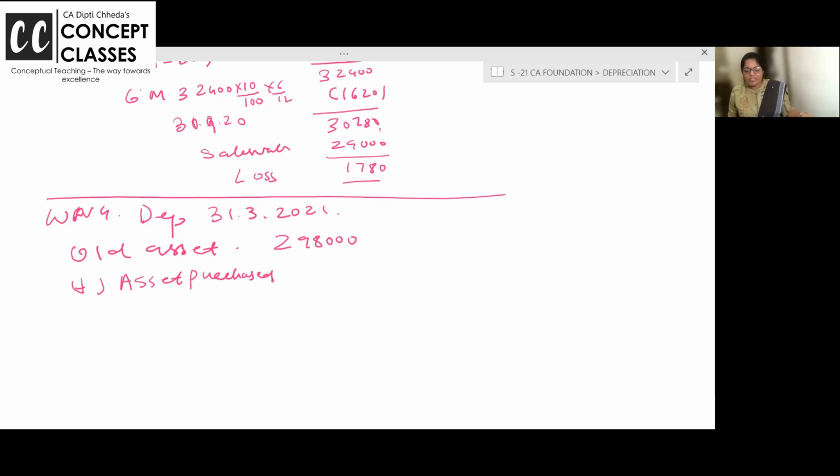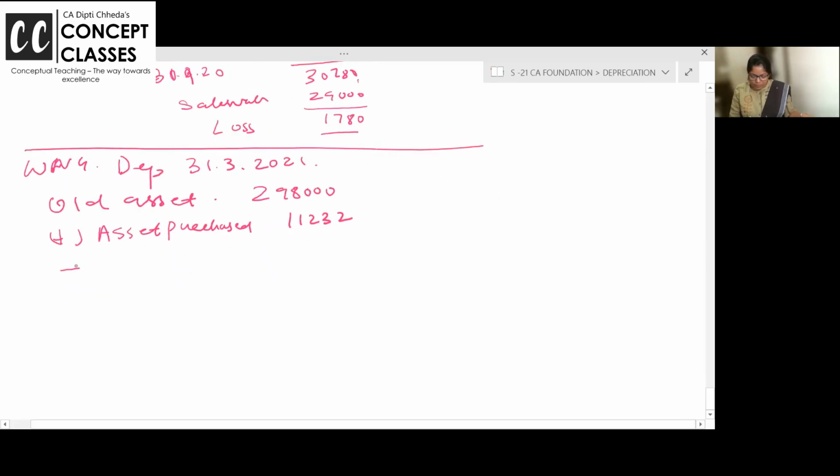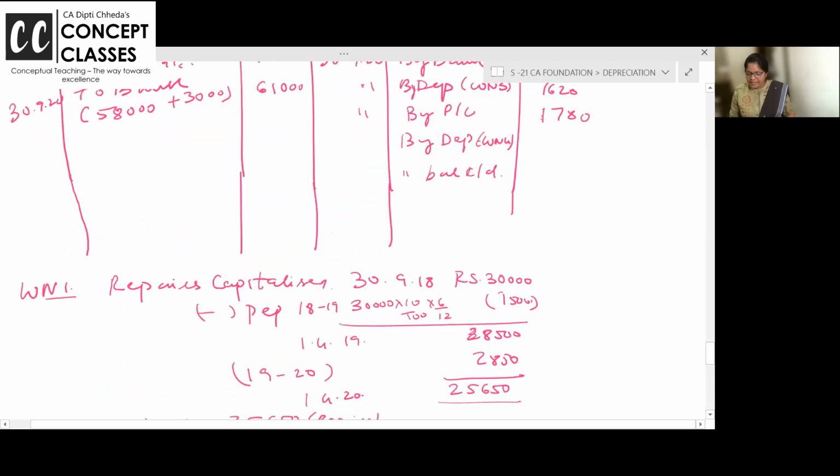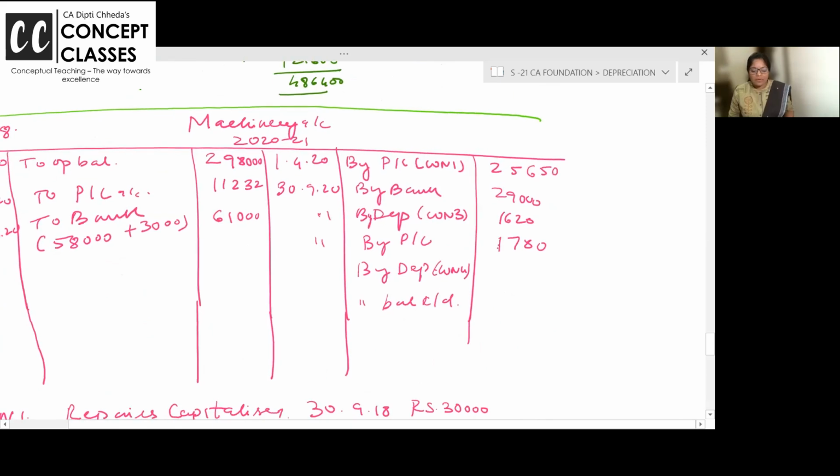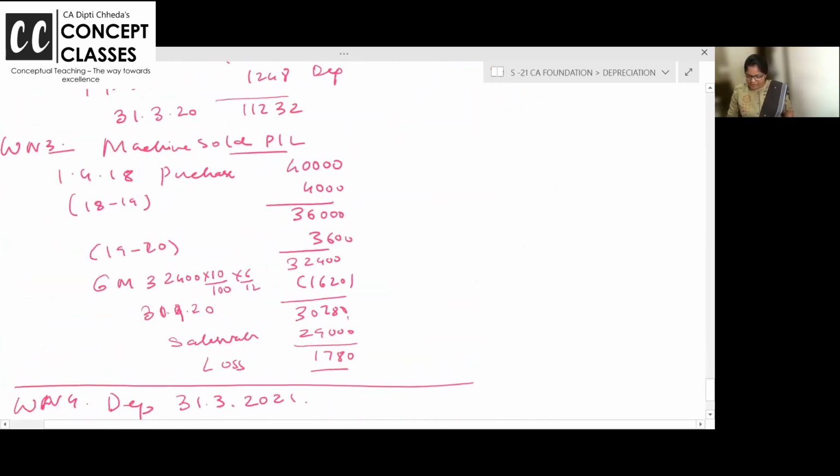One asset you have purchased wrongly, 11,232. And there is an asset which is like repairs, wrongly capitalized. You have calculated the value now, credit side, 25,650.